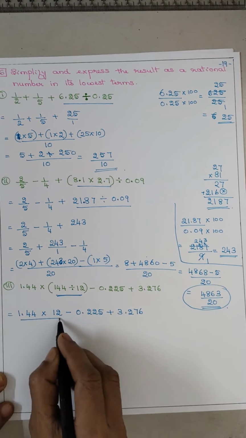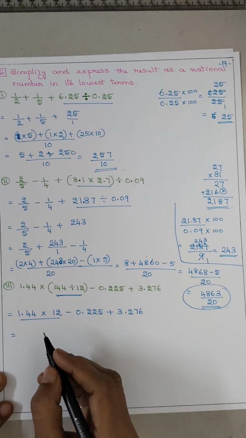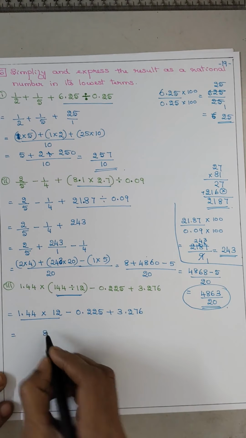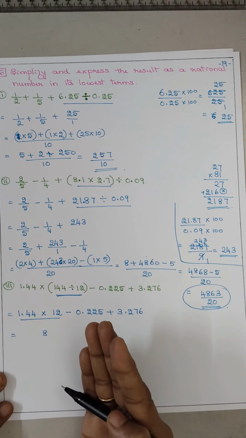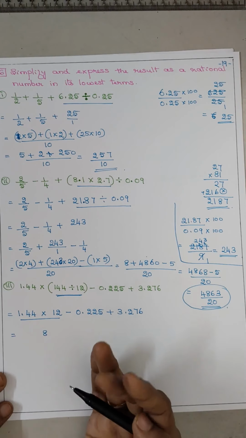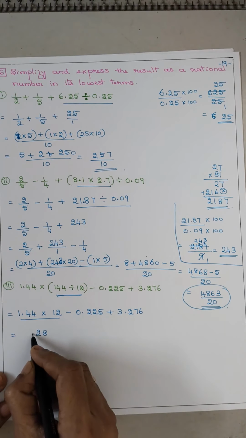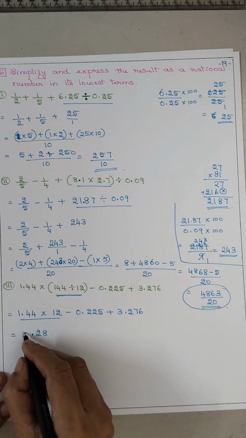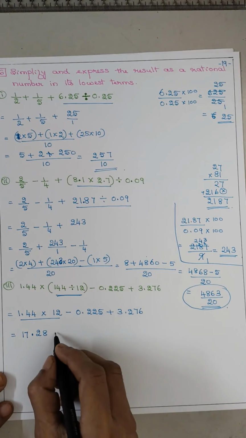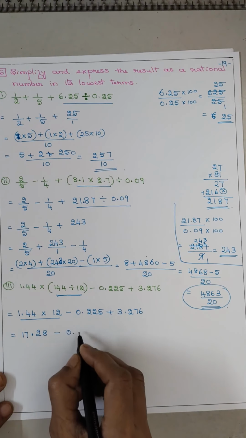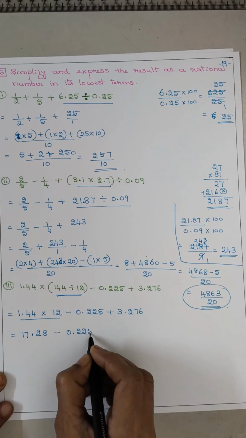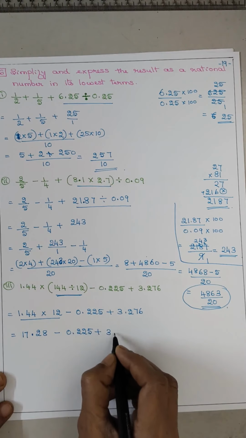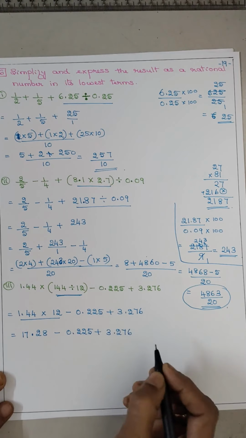Now multiply. 12 fours are 48, 12 fours are 48, 49, 50, 51, 52, 12 ones are 12 plus 5, 17 minus 0.225 plus 3.276.